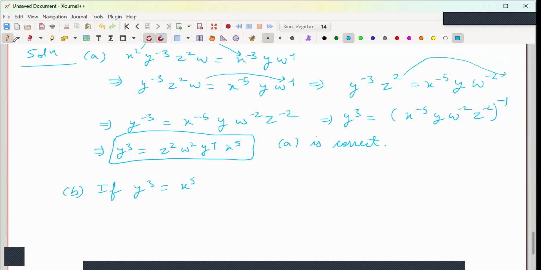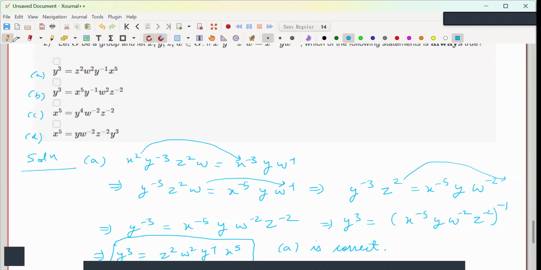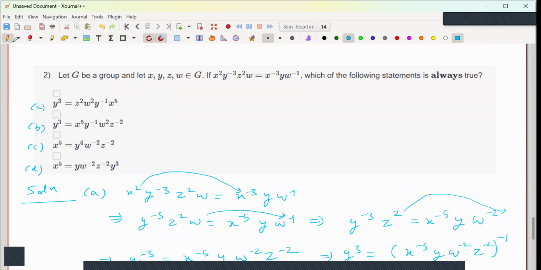There are more tricks. So this is w square. Then by part 1, for any x, y, z, w, elements of any group G, if this is true, then this must hold, right?